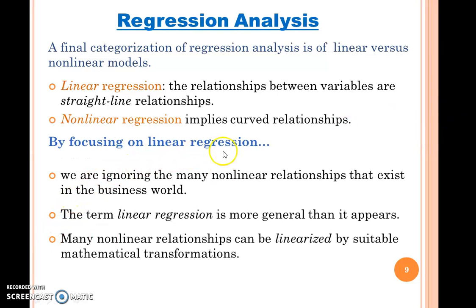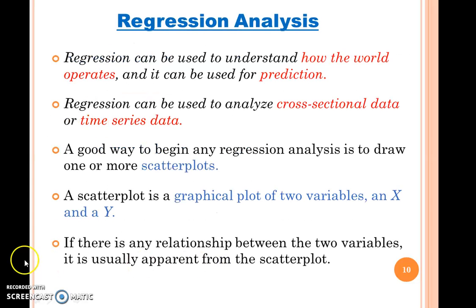By focusing on linear regression, we are ignoring the many nonlinear relationships that exist in the business world. The term linear regression is more general than it appears. Many nonlinear relationships can be linearized by suitable mathematical transformations.